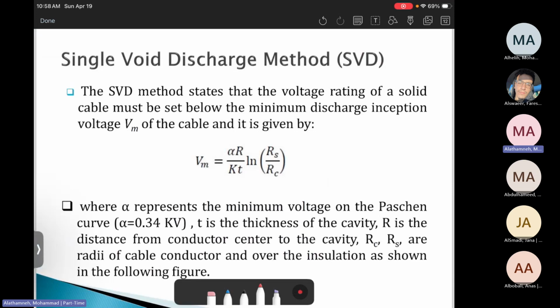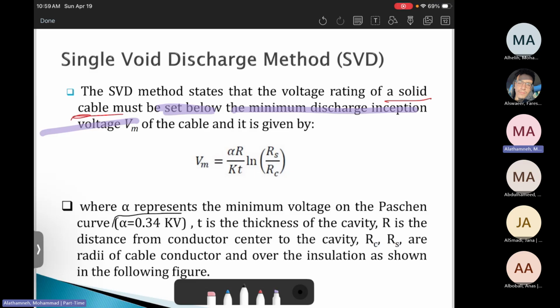The SVD, single void discharge method, states that the voltage rating of the solid cable must be below the minimum discharge inception voltage Vm. So how to calculate Vm? Vm basically will be alpha times r divided by kt ln rs divided by rc.